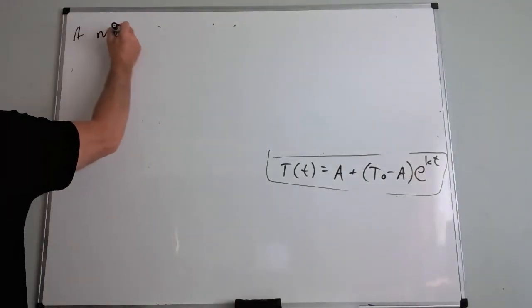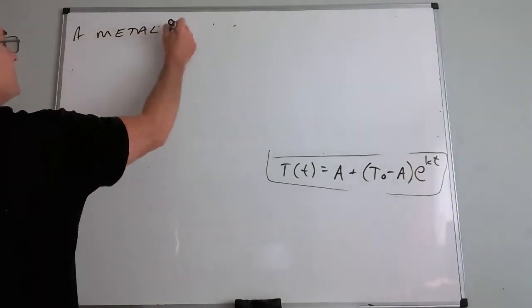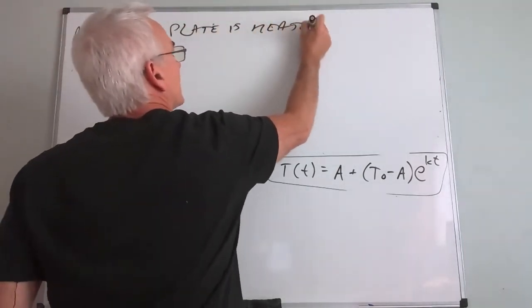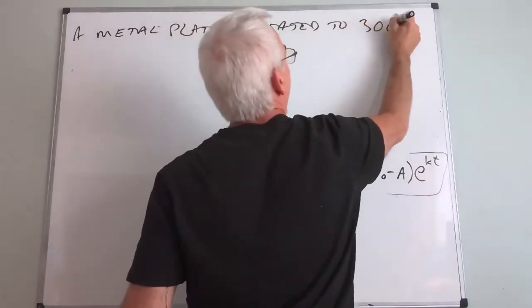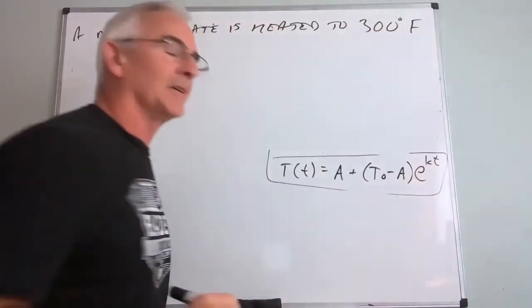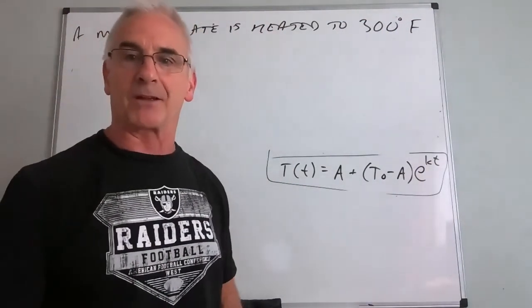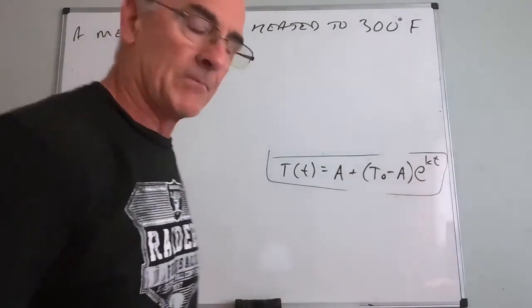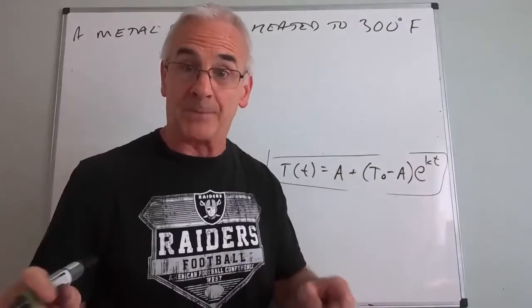A metal plate is heated to 300 degrees Fahrenheit. Now, if you have an oven, that's really not that hot. I just left a metal tray in there, the cookie sheet, could be whatever you want. Okay, I got this 300-degree sheet.